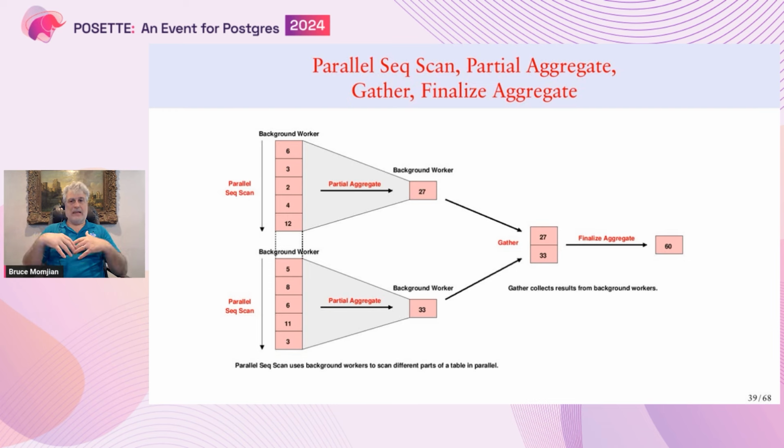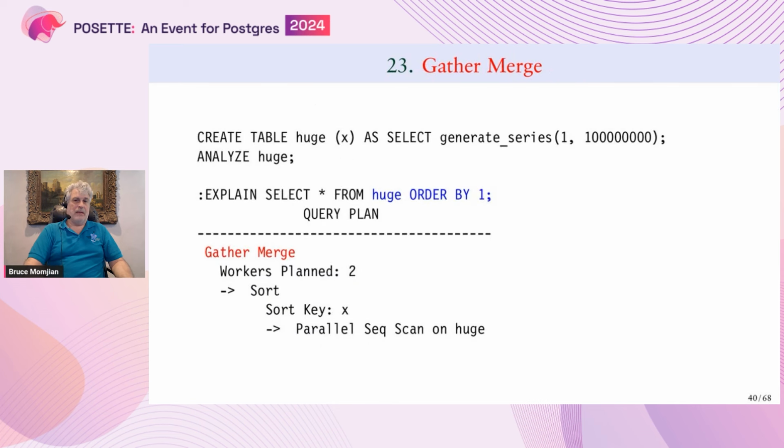We gather results together, and we issue a finalize, and the finalize again is returned to the user. So you can see why a large sum on a large table can be sped up by using parallelism.